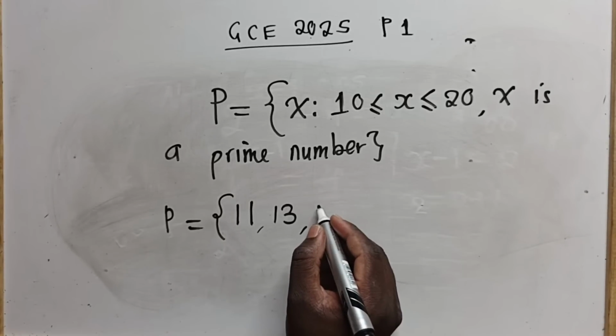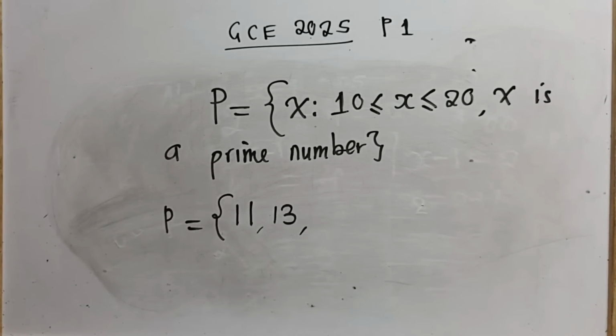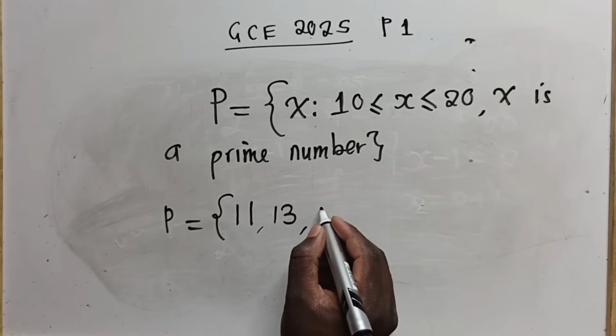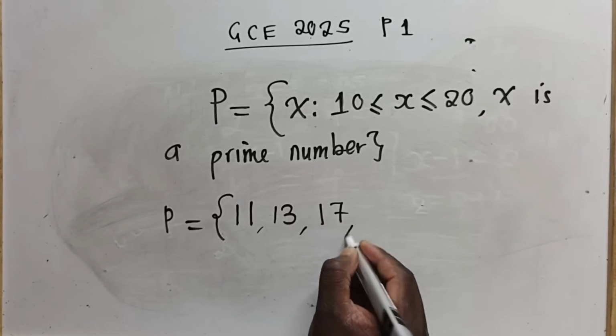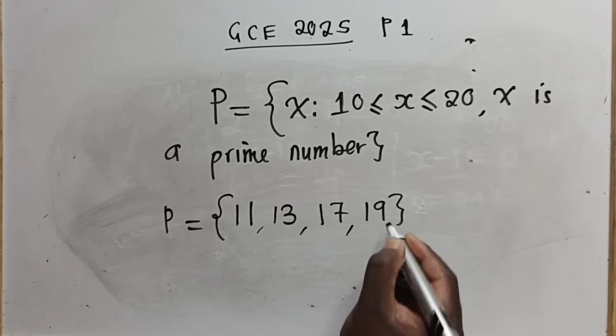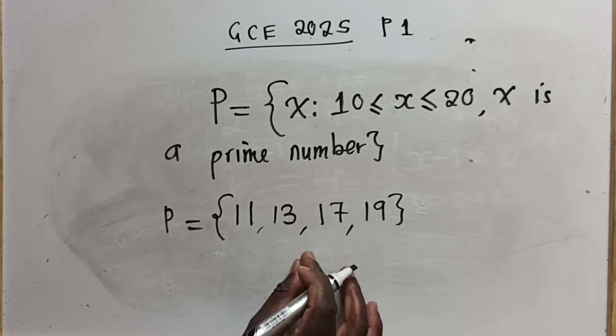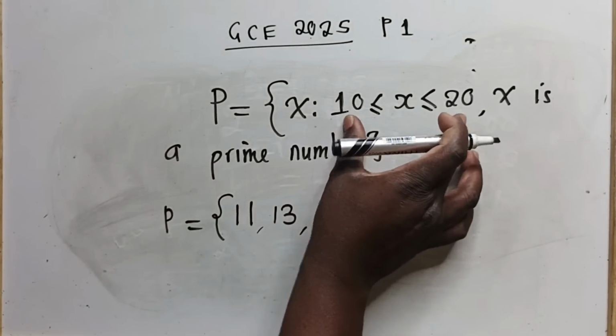What else? Apart from 13, which other prime numbers? Okay, I can see there is a 19. Yeah, I can see somebody saying 17. I can see a 19 also. So these are the prime numbers which are between 10 and 20.